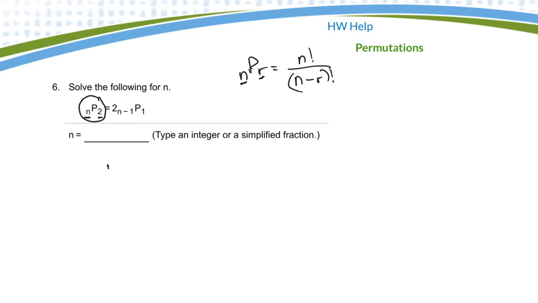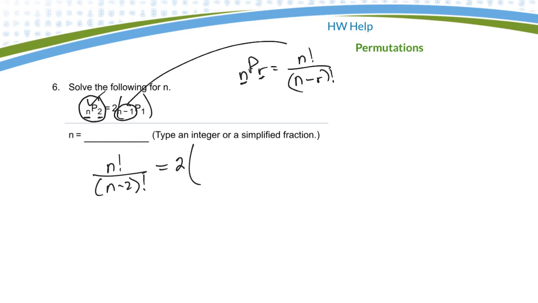So it'll be n factorial on the top, and then the bottom will be n minus 2 factorial. Okay, that takes care of this part. Now this part over here, I've got 2 times this stuff, so I have a 2 multiplied by, okay, this is my n part, so that's going to go up top there. So it'll be n minus 1 factorial all over, and then this 1 goes where the r goes.